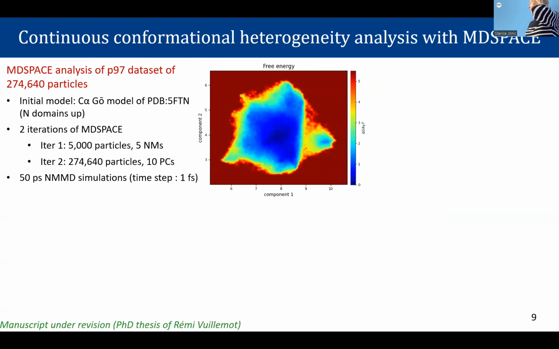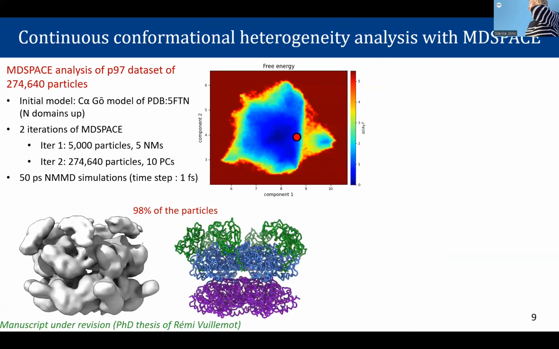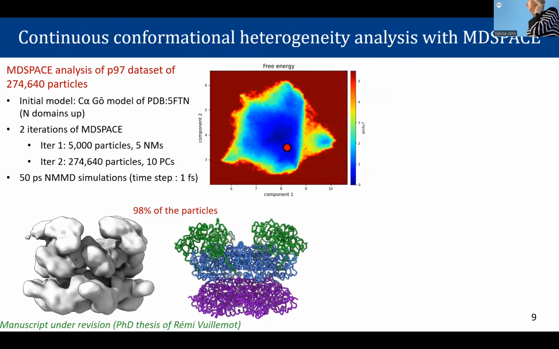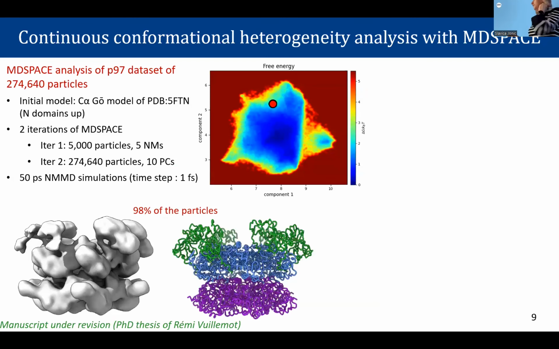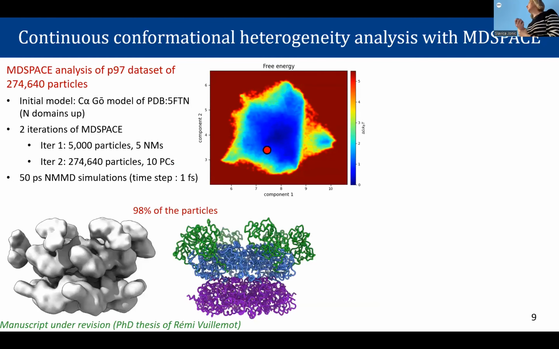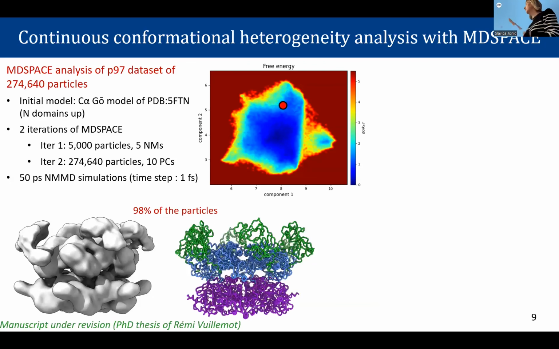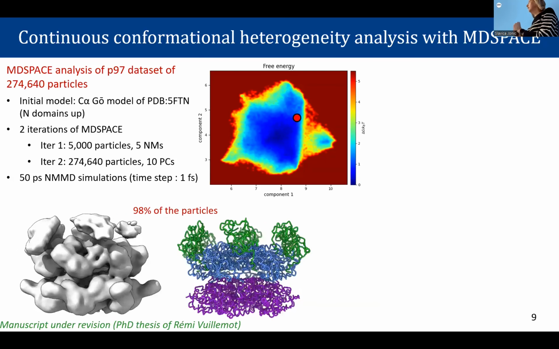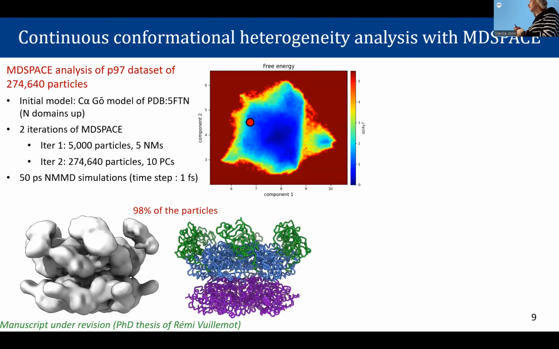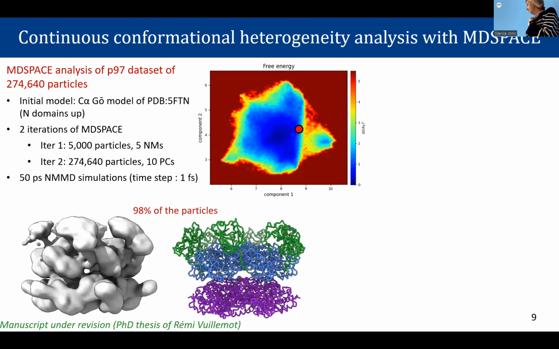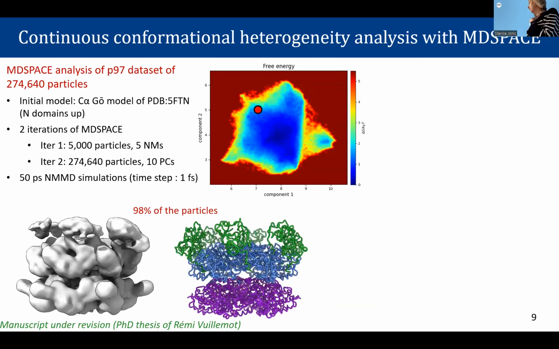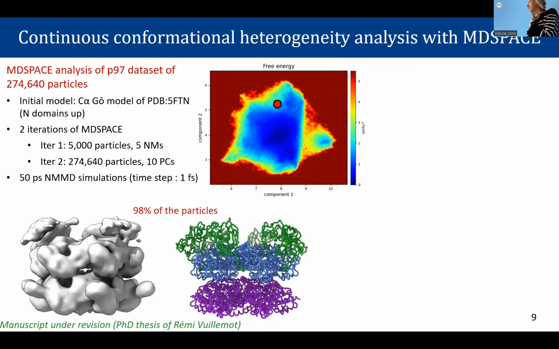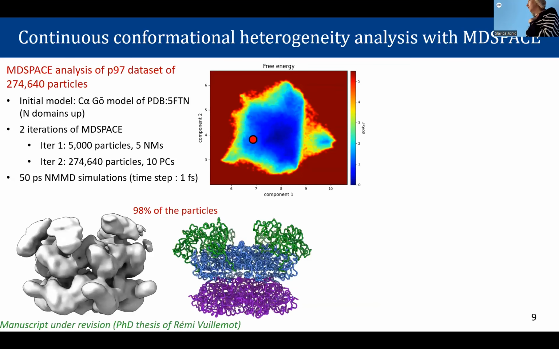So in the thesis of Remy, we designed one method that we call MD space, in which we combine MD simulation, plus this molecular MD simulation that I will introduce a bit later, normal mode analysis and image analysis to actually determine the conformational variability of these end domains of this P97.